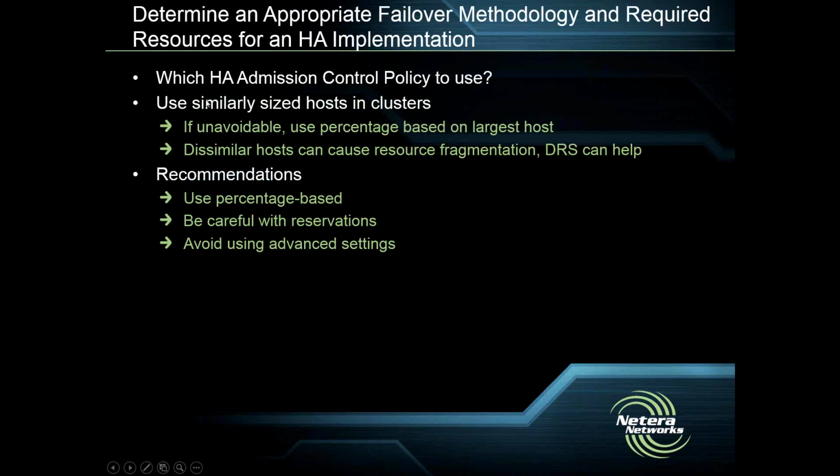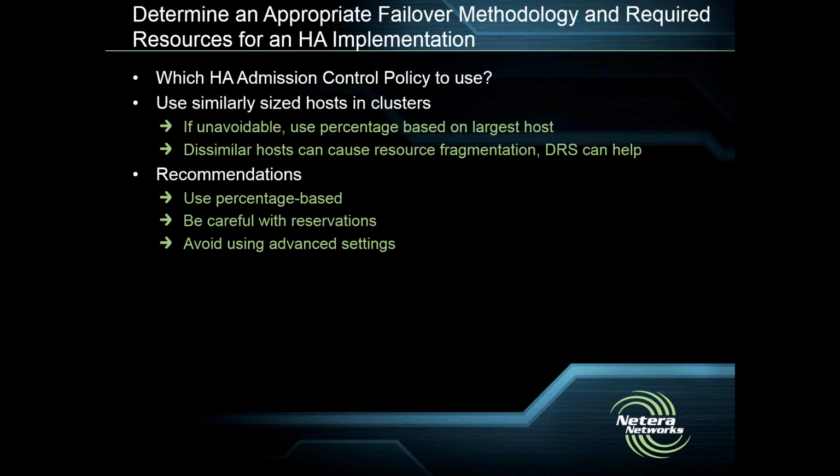The recommendation again is to use similarly sized hosts in your clusters. This matters because if you have that one large host and you tell it to reserve 25% of resources or however many, if you use the smallest host and you have a large host in there, you're not going to have enough resources. You want more than enough resources in order to restart your VMs.